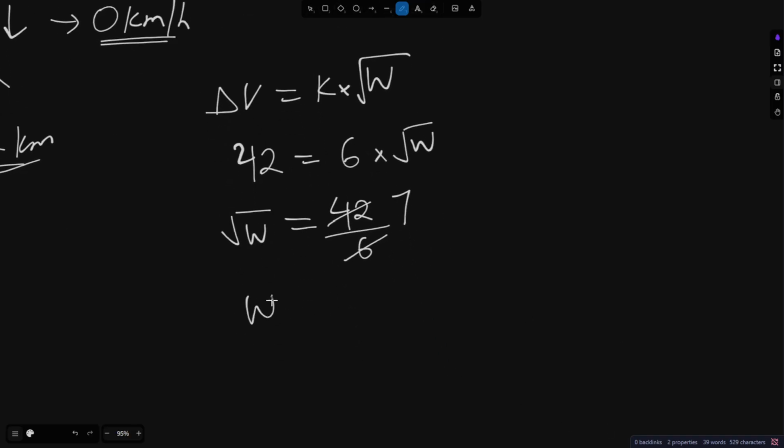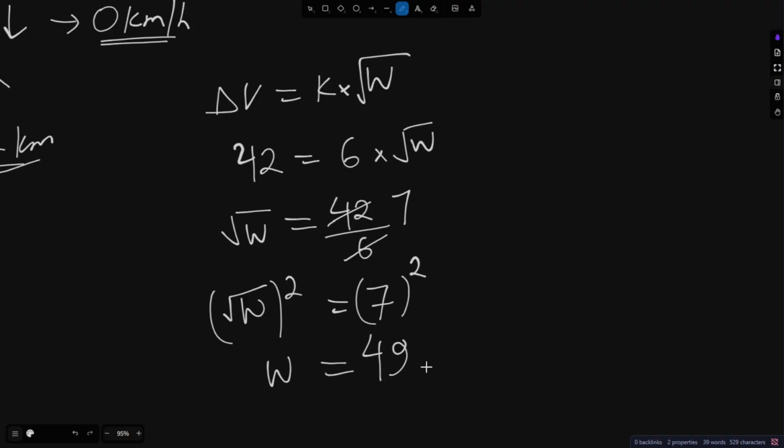To remove the square root, we apply a square on both sides. So now we only have W here, and here we have 49, which is the number of wagons.